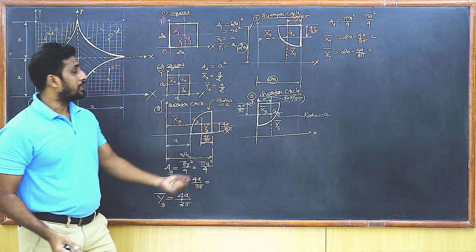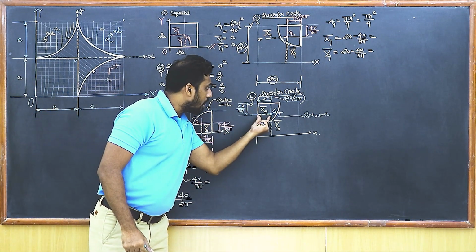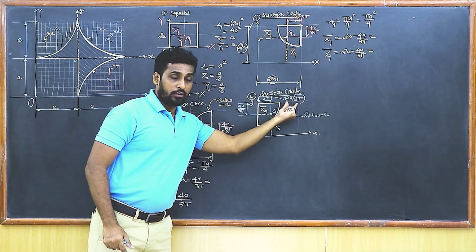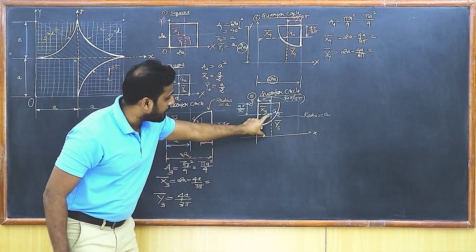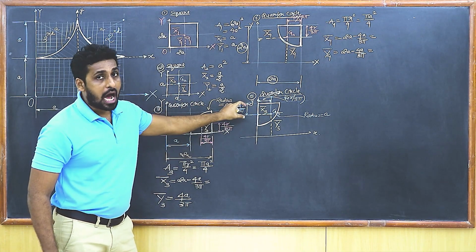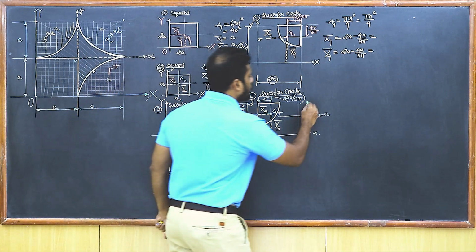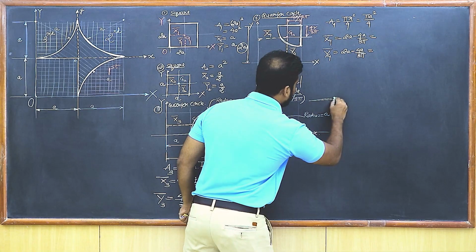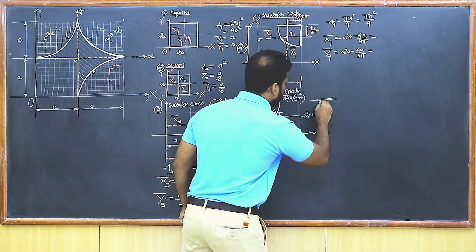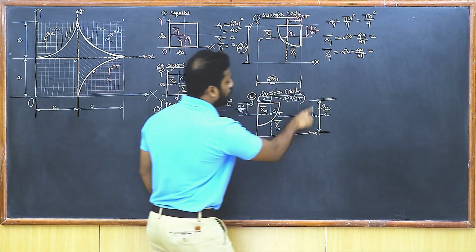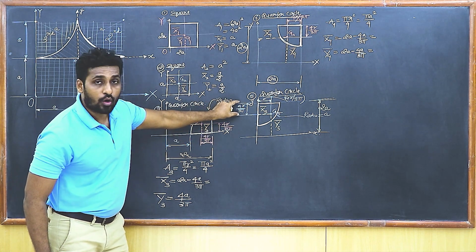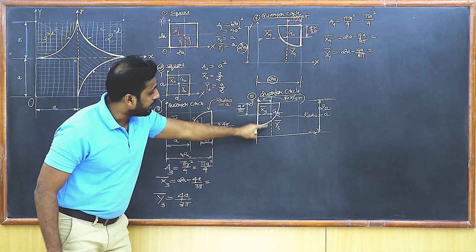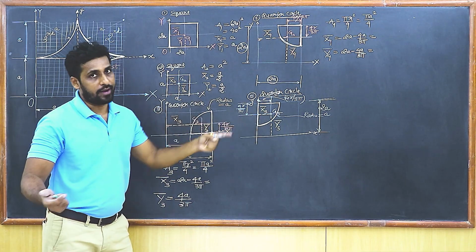So, you can clearly understand that this x5 bar is the same as 4r upon 3 pi, but y5 bar is not 4r upon 3 pi. You know that this total distance was how much? This total distance is 2a, isn't it? If the total distance is 2a, from the total distance, if I remove this 4r upon 3 pi, I will be getting the rest of the distance, which is y5 bar.